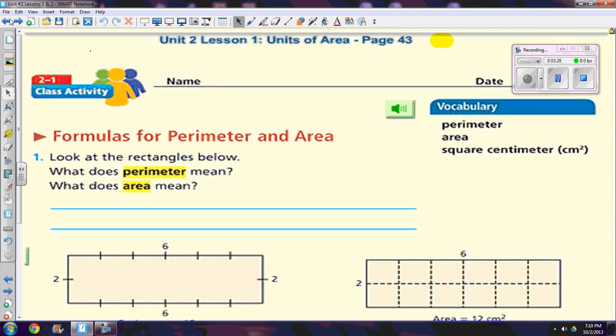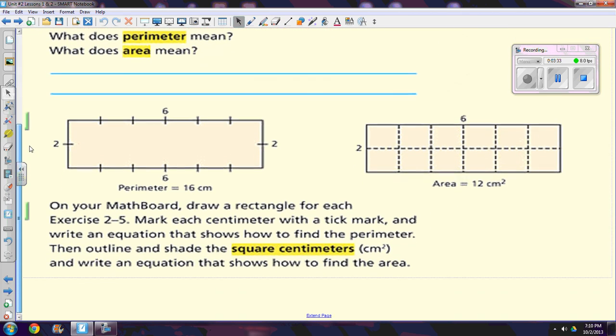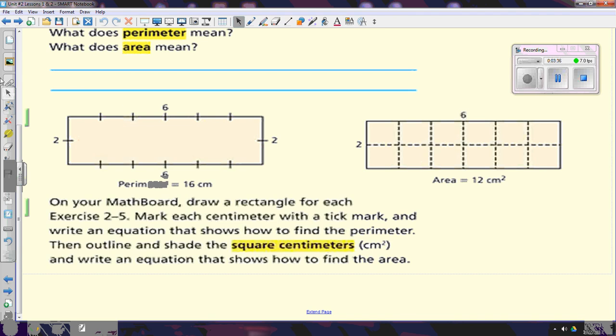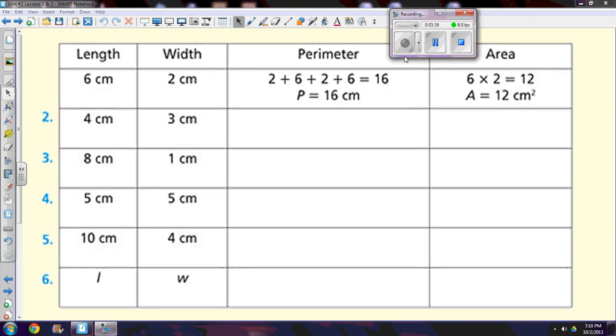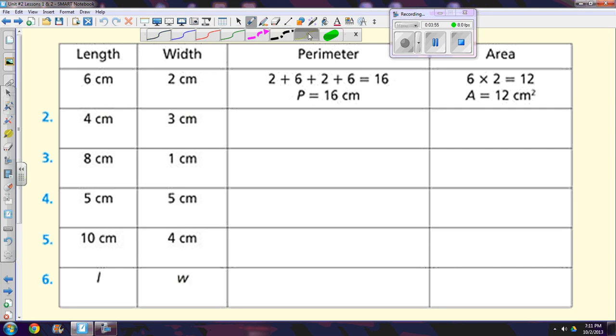All right, let's take a look at the next problem here. Too far back. All right, so for 2, 3, 4, 5, and 6, we have length and width, the units of centimeters, finding the perimeter, finding the area. So in the example here, you have 6 centimeters and you have 2 centimeters.